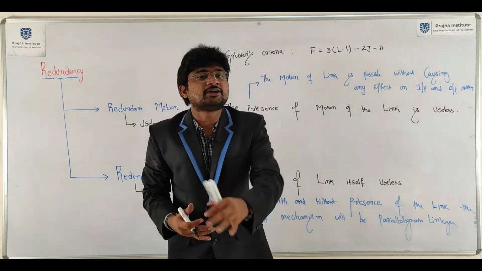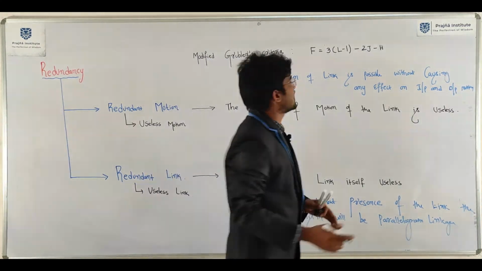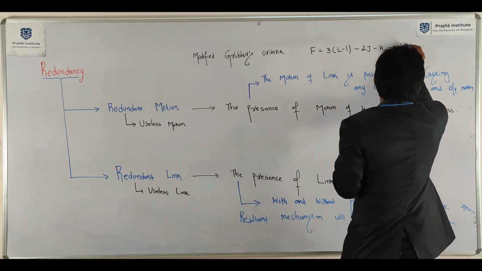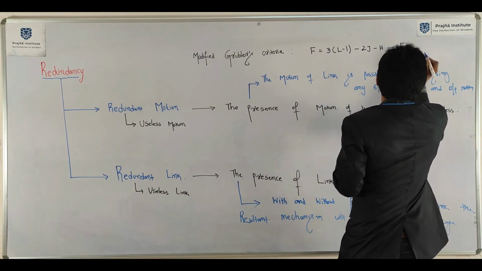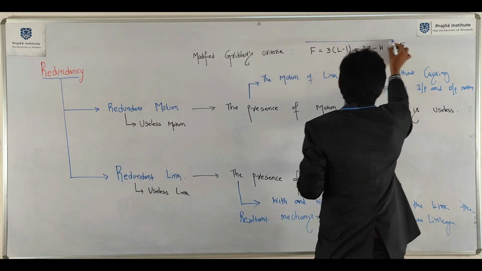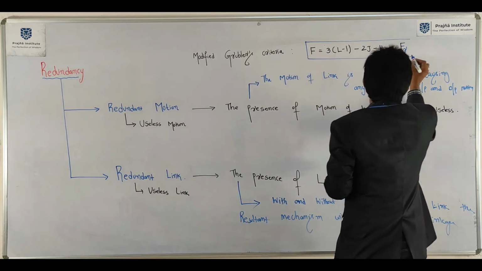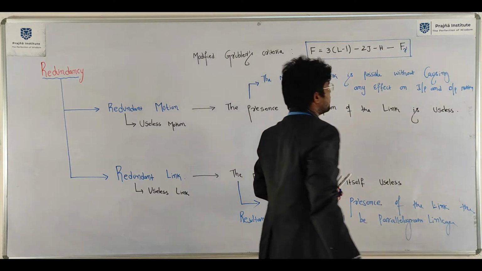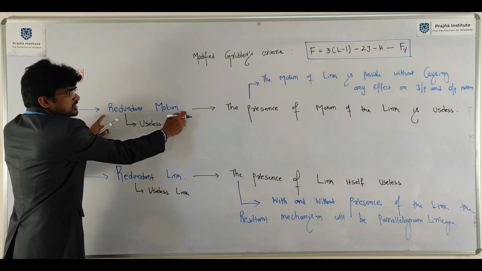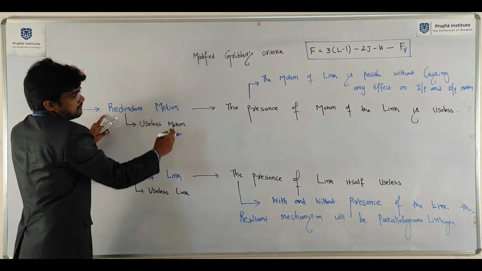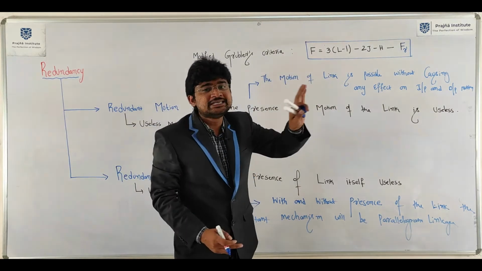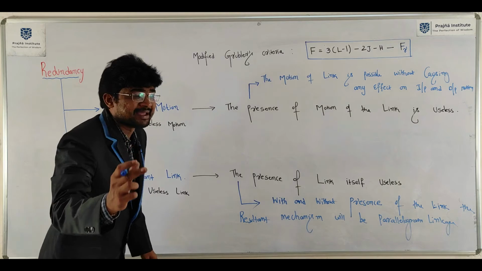We need to modify it because it consists of redundant motion. That is, we need to subtract the redundant degree of freedom from Grubler's criteria. This is called the modified Grubler's criteria expression. Once you observe redundant motion in a mechanism, immediately use this expression to determine the degree of freedom of that mechanism.